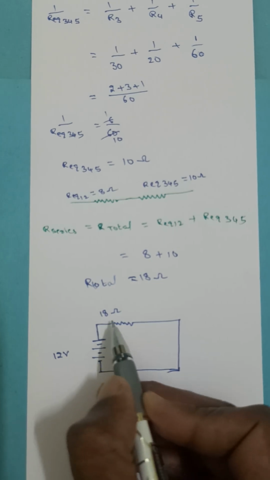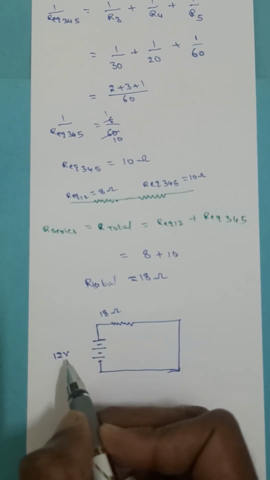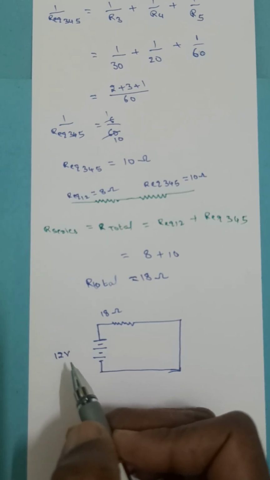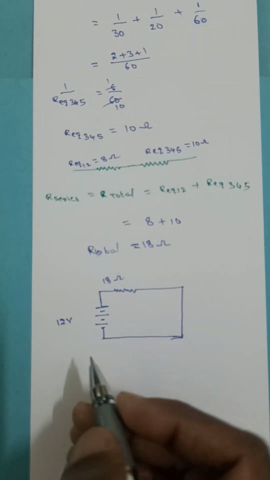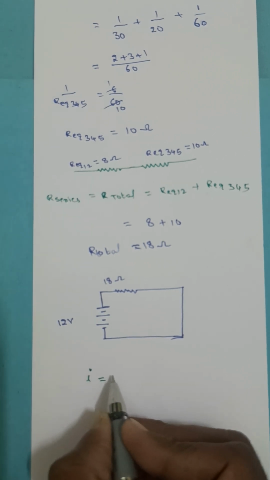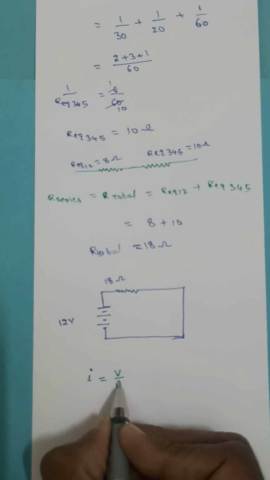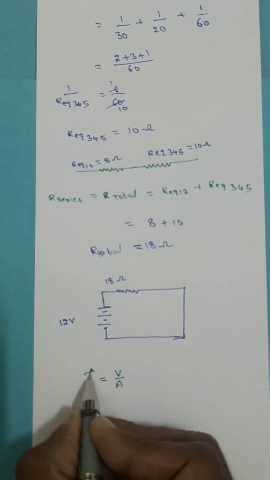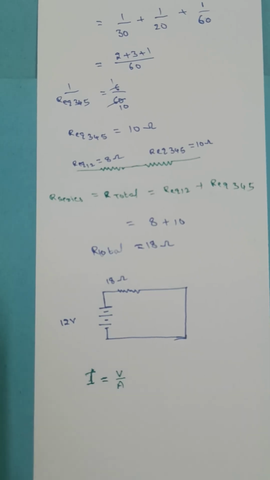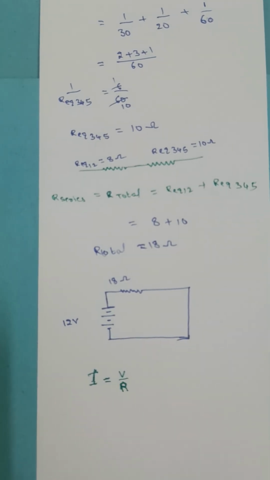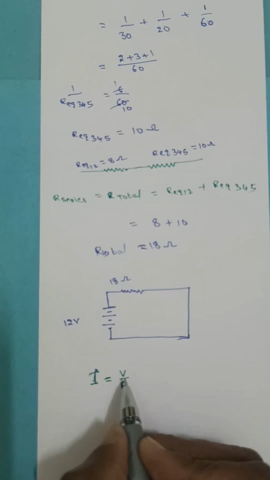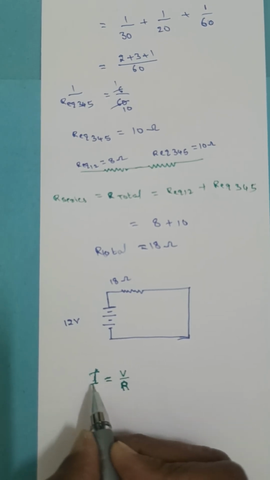So that resistance is connected to the 12 volts battery. So next question, B question, current flowing in the circuit. So current flowing, I is equal to V by R. Capital I is equal to capital V by capital R. Potential difference by resistance is equal to current.